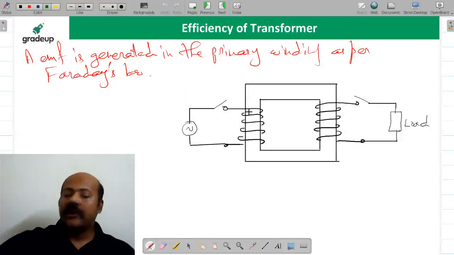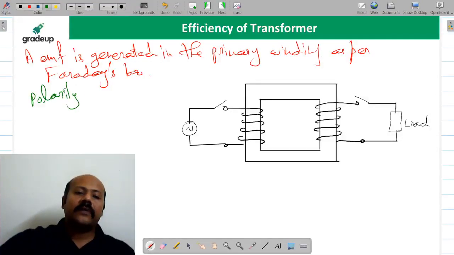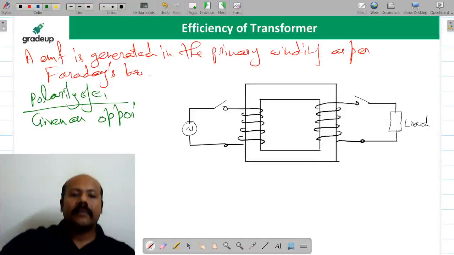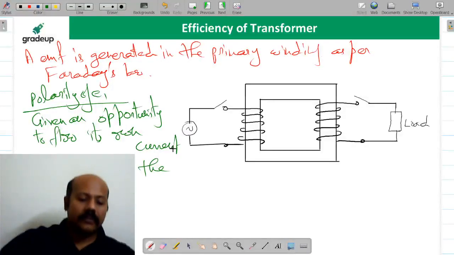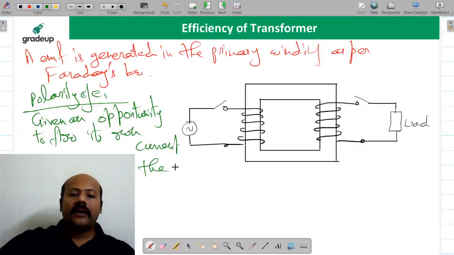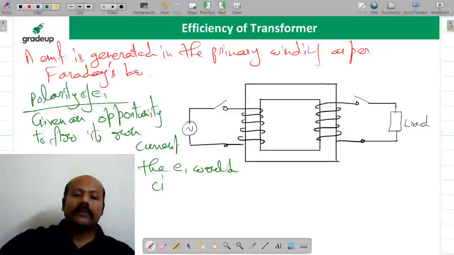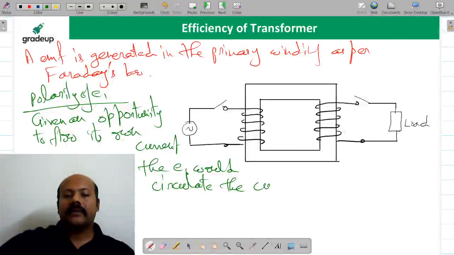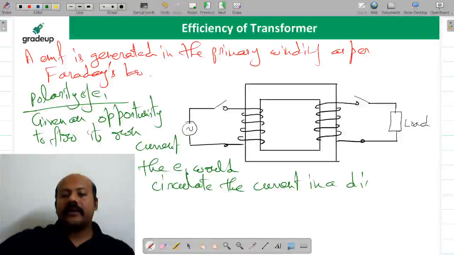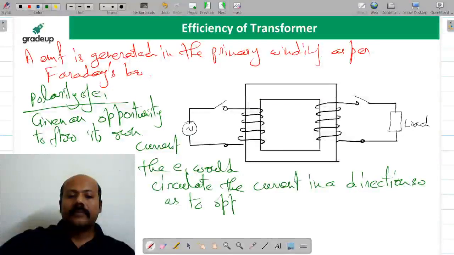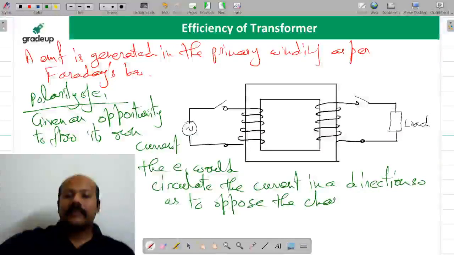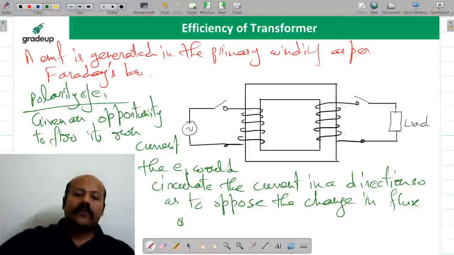I hope you are getting this. So how you are going to write this? Polarity of E1, given an opportunity to flow its own current, as per Lenz's law, the E1 would circulate the current in a direction so as to oppose the change in flux phi t.